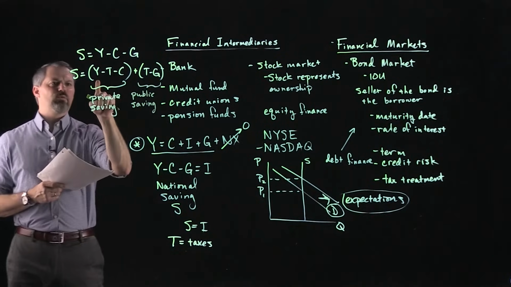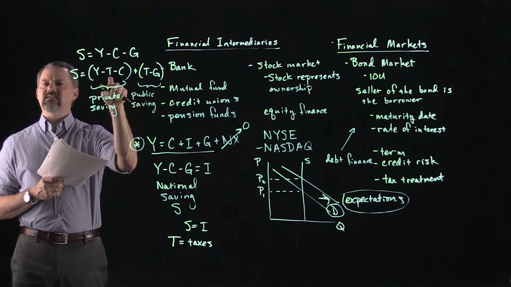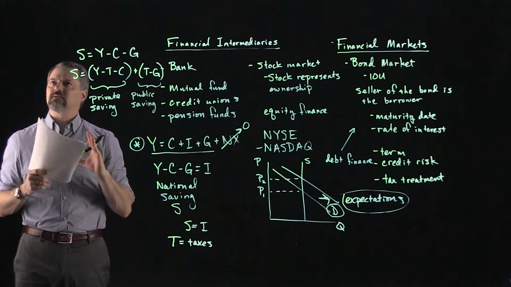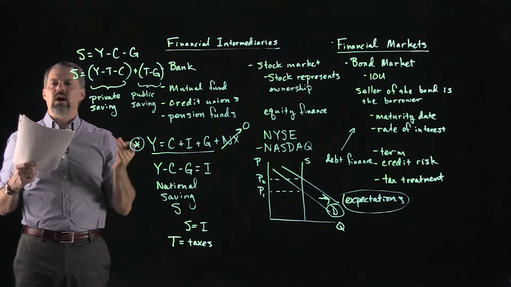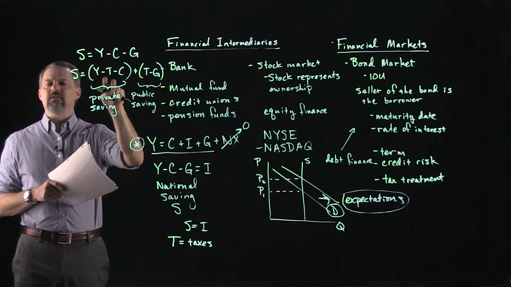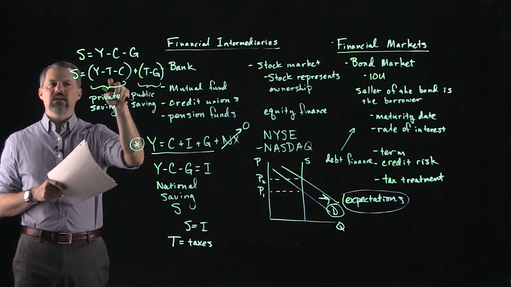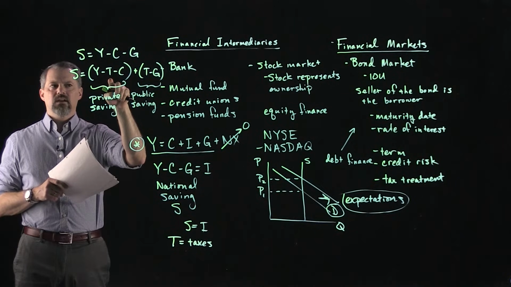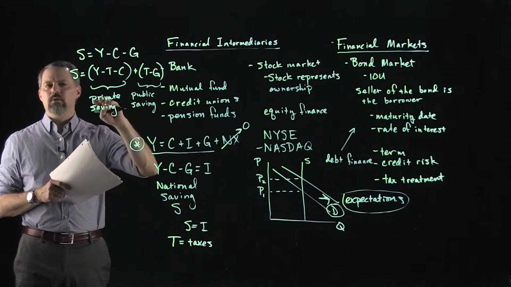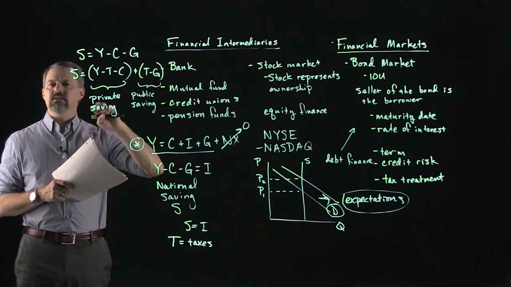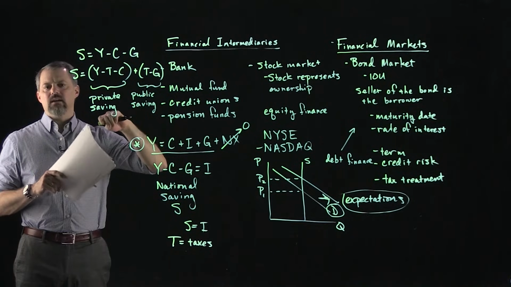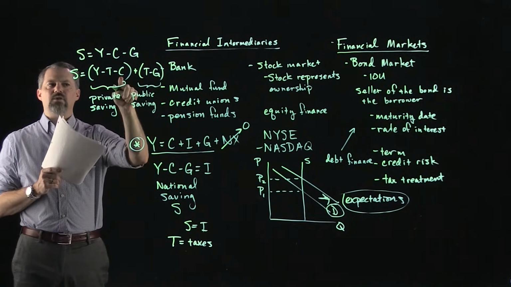So if you look at this one, this is income minus taxes minus consumption. If you were to think about just what happens for you as a private individual, if we looked at your income and we subtracted off what you have to pay to the government in taxes, and then we also subtracted off what you consume, so the money you spend on pizzas and tuition to go to college and tennis shoes and all of that stuff, we subtract all of that off.